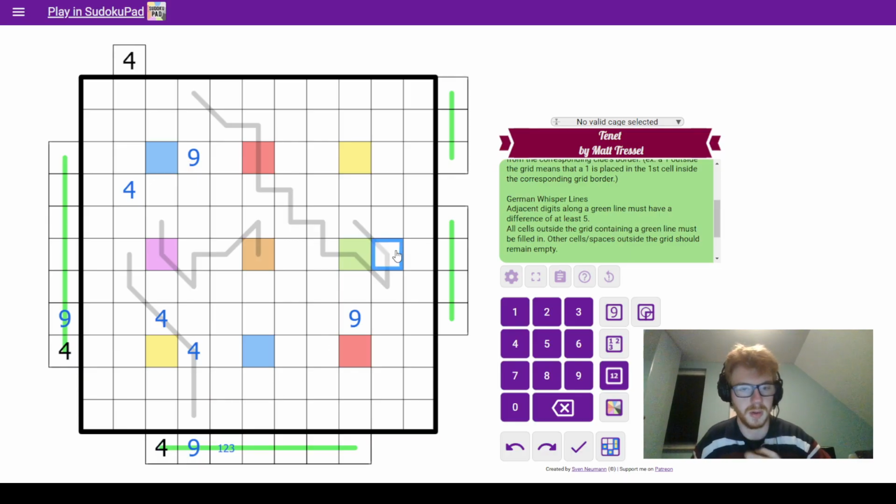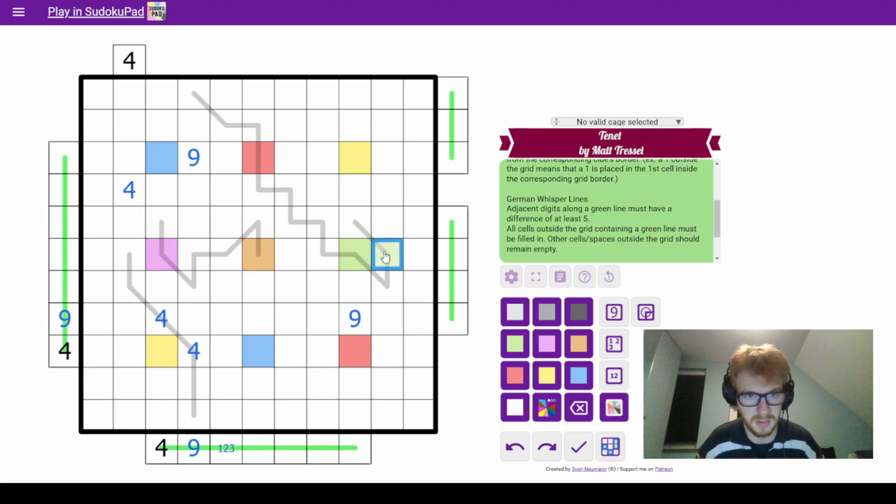Well, okay, so one thing I notice is: what color can this specific cell be? Only the green region can reach this cell. This cell could still be orange. This is purple, forced to be purple, right?